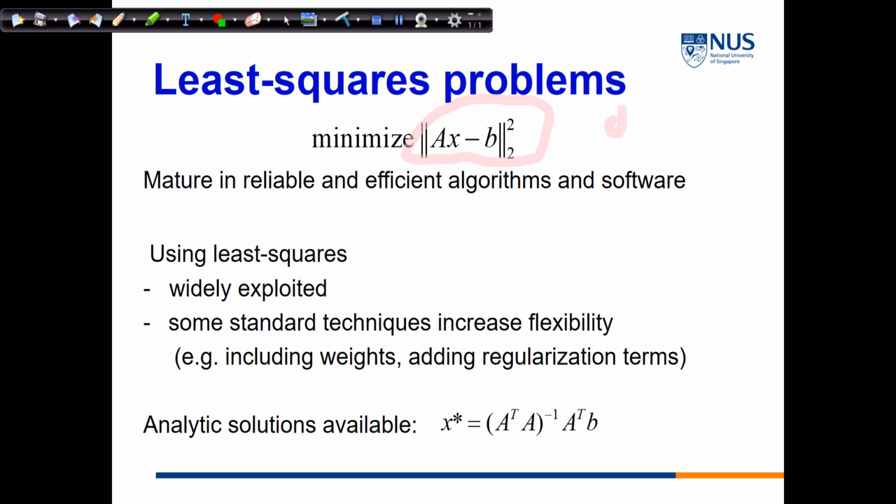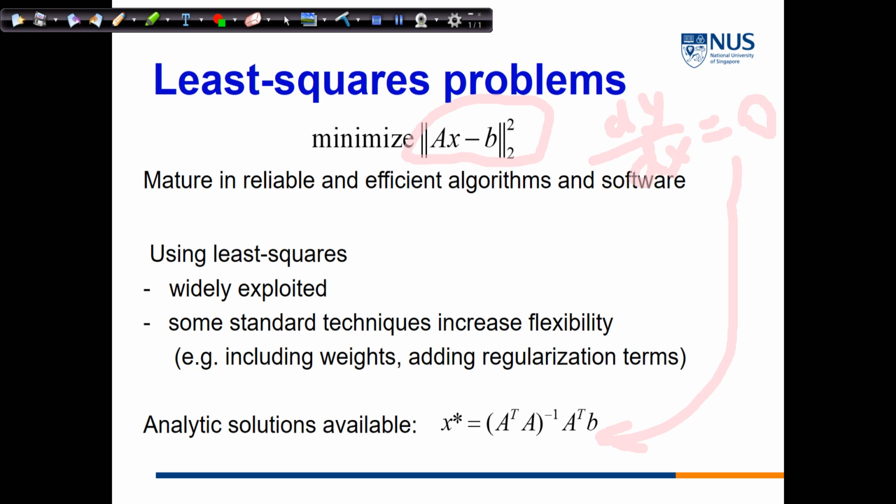For this convex problem, the extreme point corresponding to the optimal solution is where dy over dx, the first order derivative, equals 0, and it gives you this analytic solution for the optimization, where A is a matrix before your variable and B is another parameter.